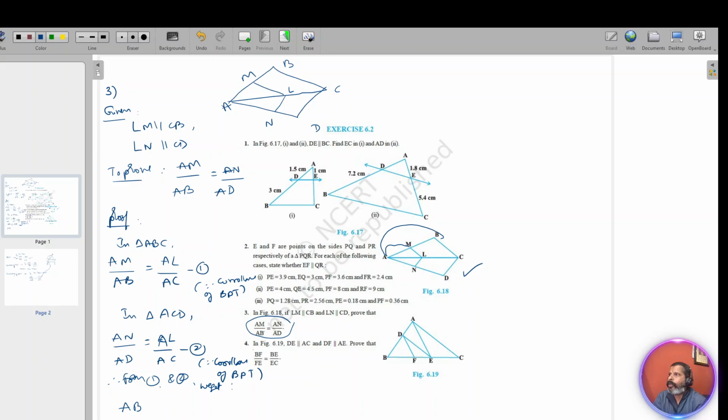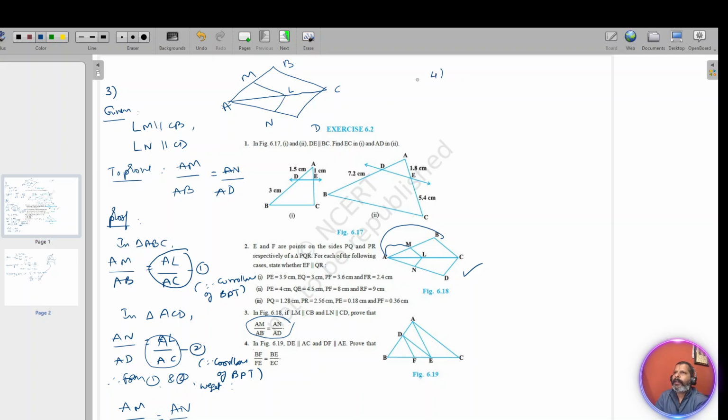Write the to prove part: AM by AB equal to AN by AD. Because in equations, left hand sides equal means right hand sides should be equal. Right hand sides are equal means left hand sides should be equal. In this case, we have AL by AC equal to AL by AC in parts 1 and 2. So left hand sides should be equal, which is what we want. Okay, clear? This is around a 2 marks question.